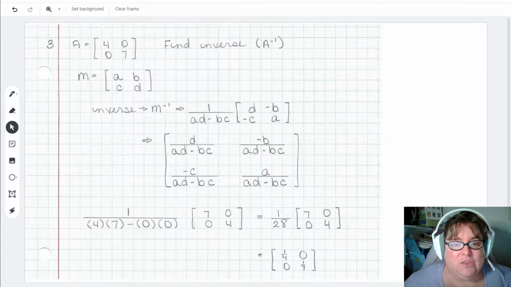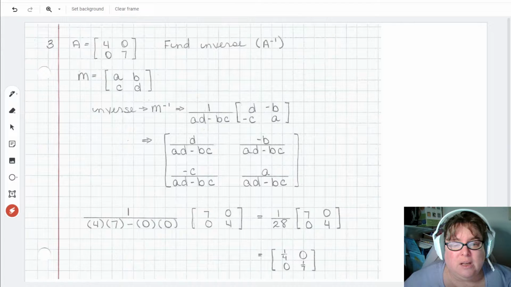So if we take the inverse of M, what we're going to do is take your matrix and flip the a and the d. So the a moves down to the d position and the d moves up to the a position. And then your b and c are both multiplied by negative 1, so they become negatives.